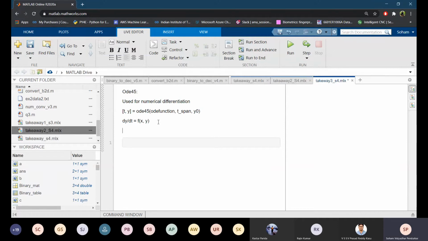So the differential equation is this: d2x by dt square plus 5 into dx by dt minus 4 into x is equal to sine of 10t.